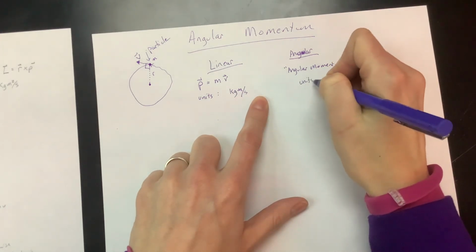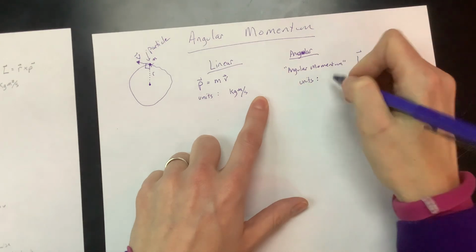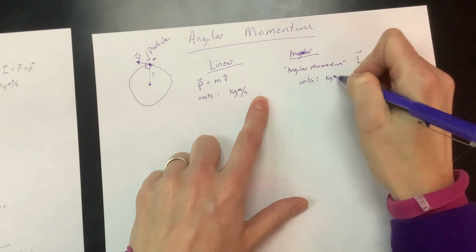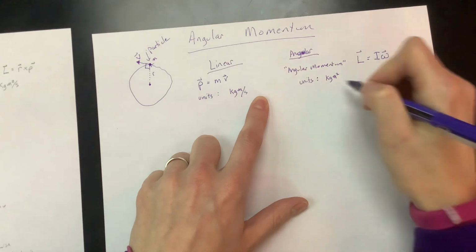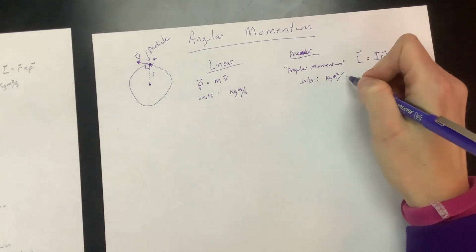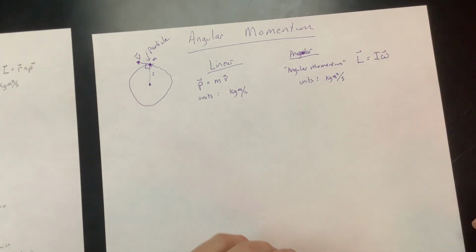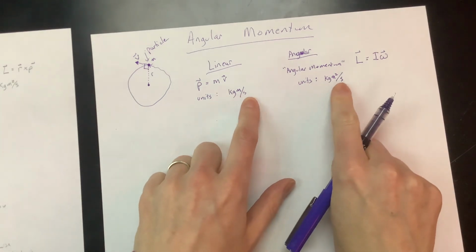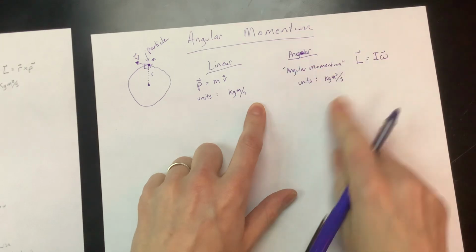And our units would come from that. The units of rotational inertia is kilogram meters squared. And then our angular velocity is radians per second, but the radians just kind of fade into the background here, and then we just use per second like that, okay? And so they have similar units, but they're not quite the same, and that's because it's moving in a circle.